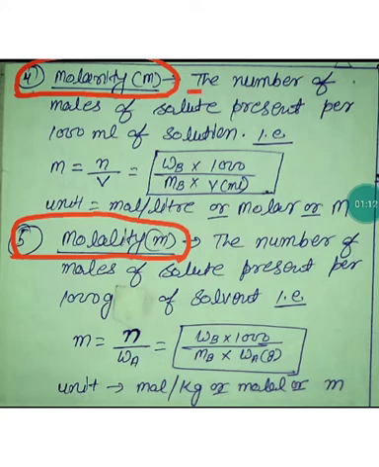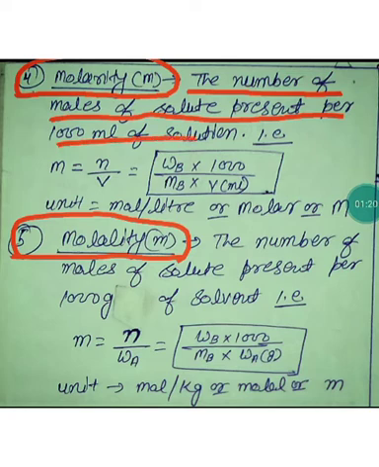Molarity is the number of moles of solute which are present per 1000 ml of the solution. It means the formula is N upon V, where N is the number of moles of solute and V is the volume of the solution in liters.